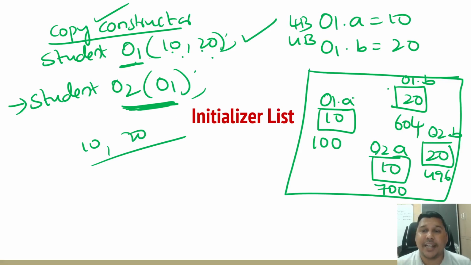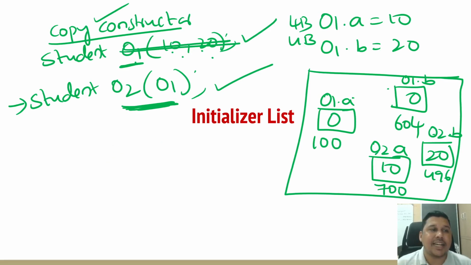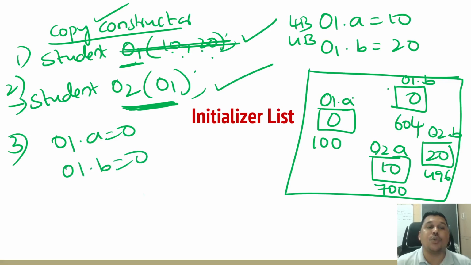If after writing this statement I delete object O1, will the values of object O2 be affected? No. Even if I put 0 in O1.A and 0 in O1.B, will object 2's values change? No. Why? We have already copied it. So O2's values are not changing, they are still 10 and 20.